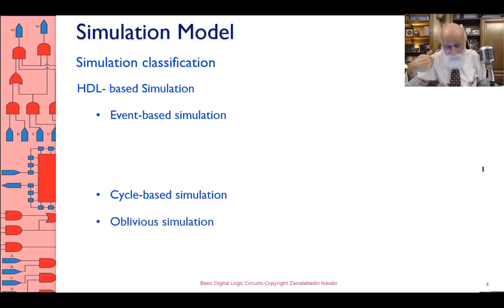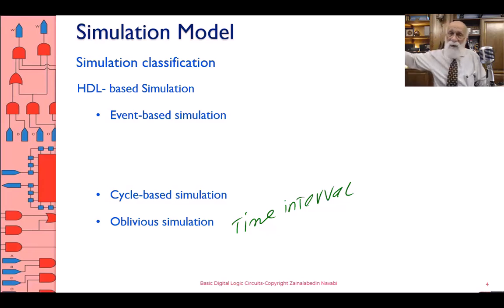Another simulation method is oblivious simulation. Oblivious simulation means regardless of what circuit you have, go based on a certain time interval. So we are doing time interval simulation, and with this time interval, simulate the entire circuit.